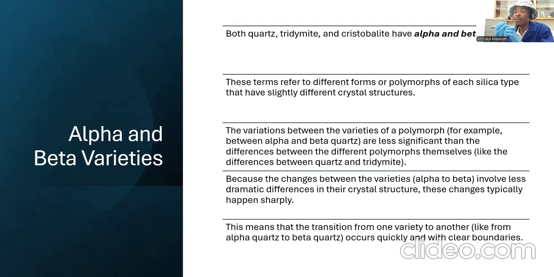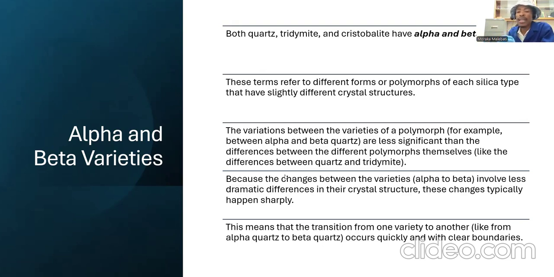That difference will be significant, but the variations between the alphas and betas are less significant.